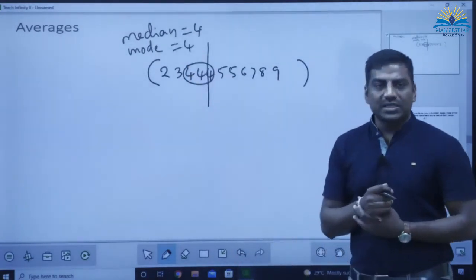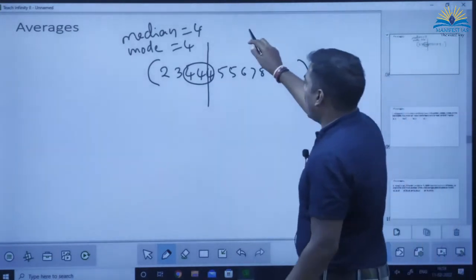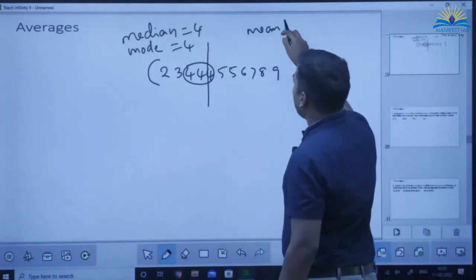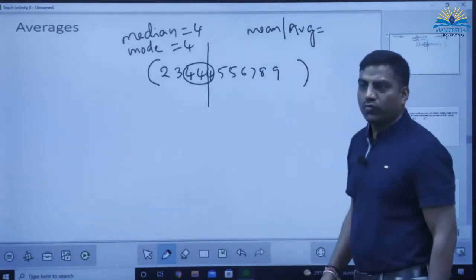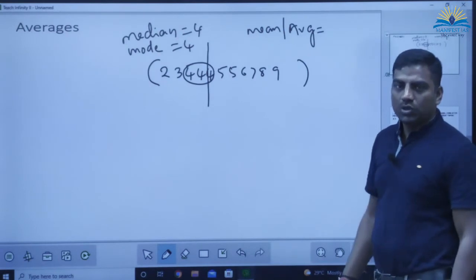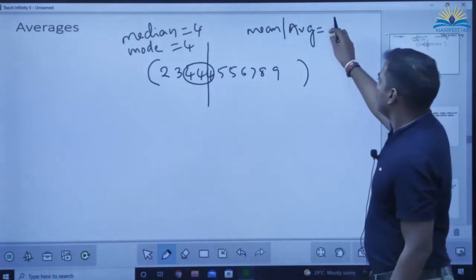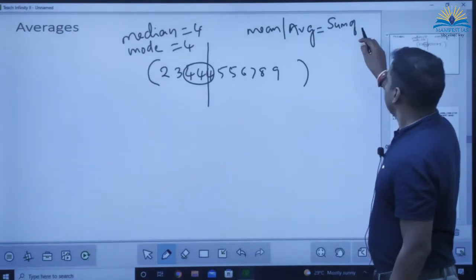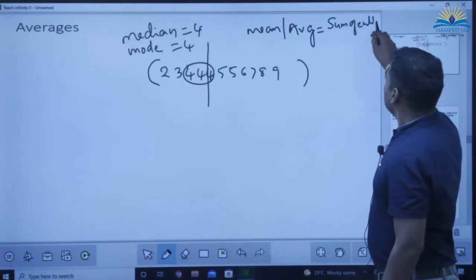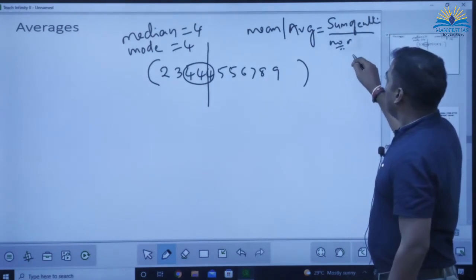One more way of representing that group is through mean, or average. What do you do for this? Sum of all entities divided by number of entities.